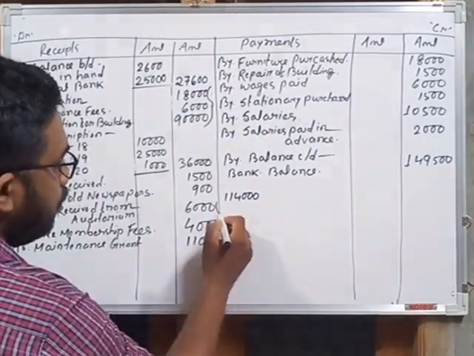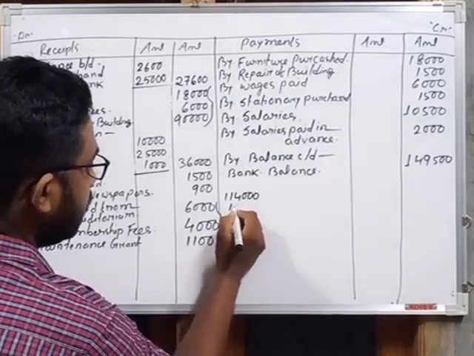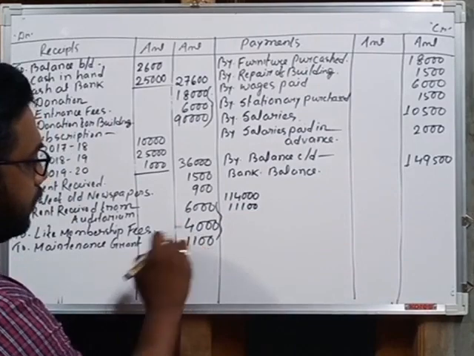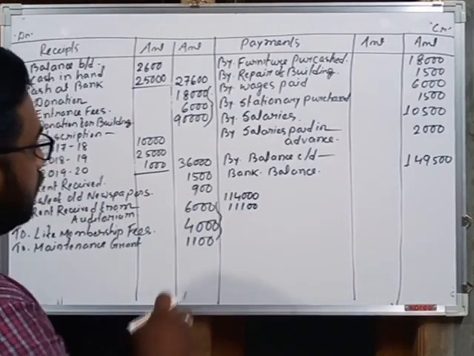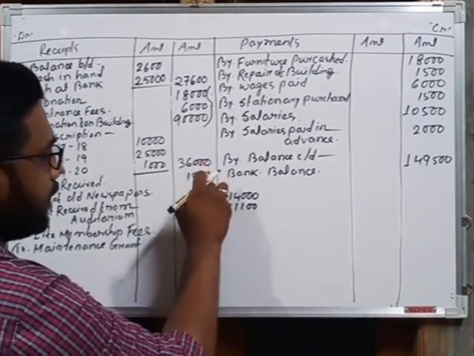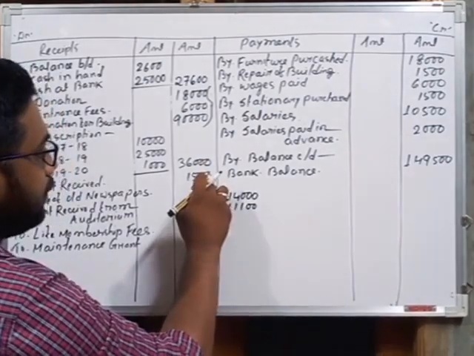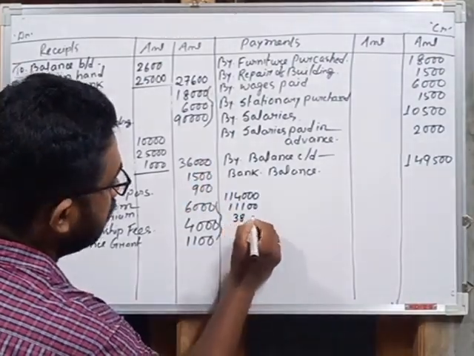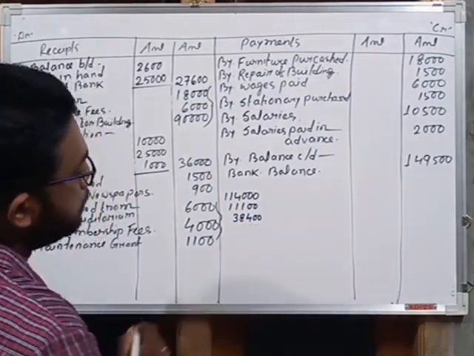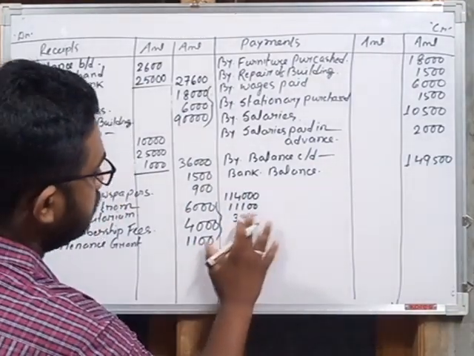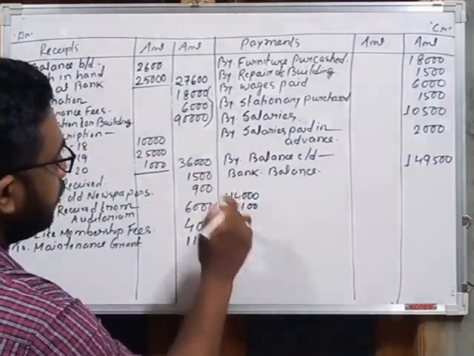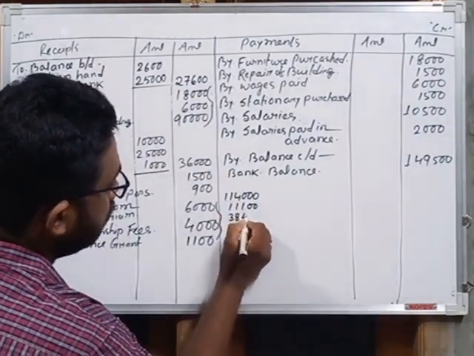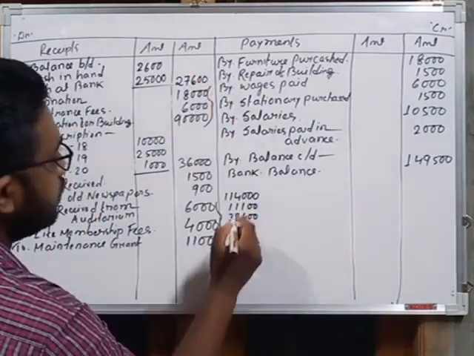Then 6,000 plus 4,000 plus 1,100, 11,100. 36,000 plus 1,500, 37,500. 37,500 plus 900, that means 38,400, and 27,600.